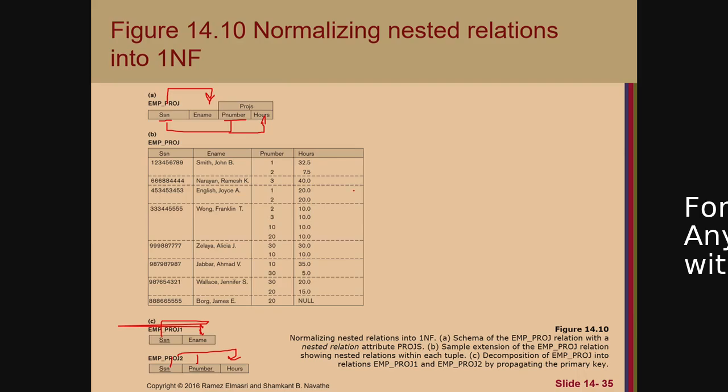But the concept of the first normal form: the first one, no multi-value. The second one, no nested attribute. The nest, you have to separate them. Okay. What else?